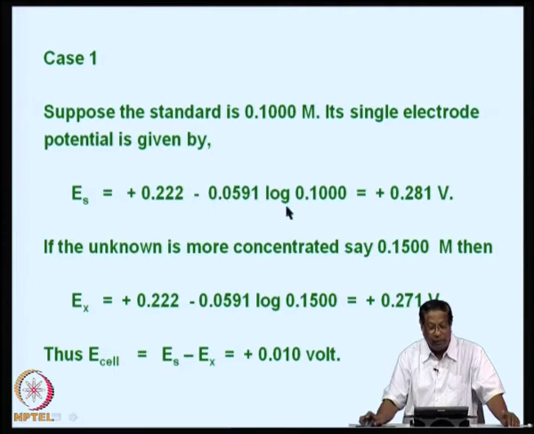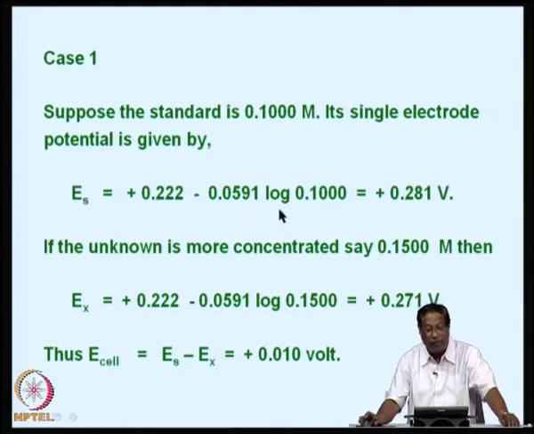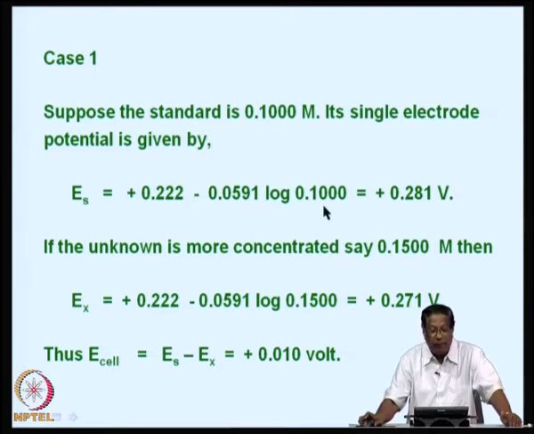Because it involves only one single electron, I write 0.0591 by 1. So, the logarithm of this, and the reduced form is always 1 if it is metal. So, I delete that and then solve this, I get 0.281 volts.